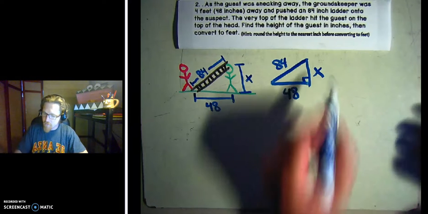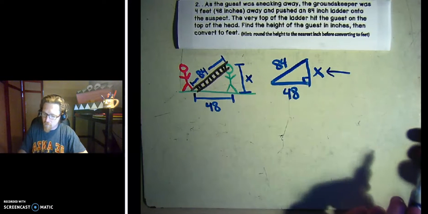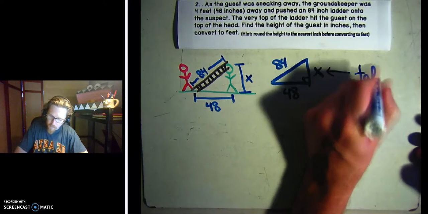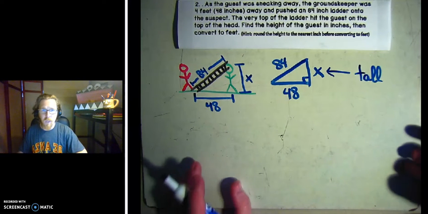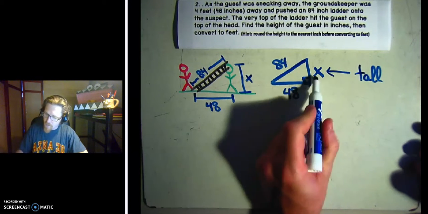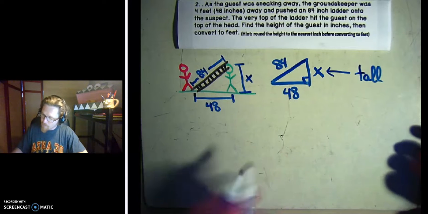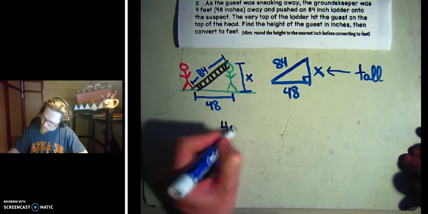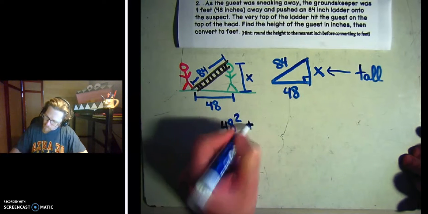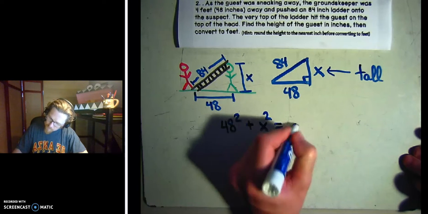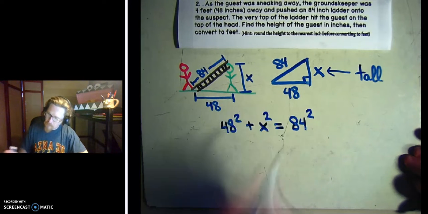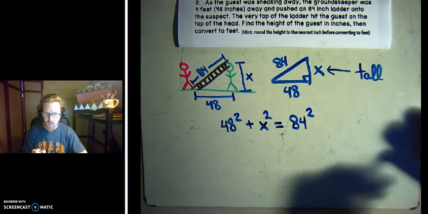We can use the Pythagorean theorem to find out how tall our guest is. So let's set up the Pythagorean theorem. Because this is a leg and this is a leg and this is a hypotenuse, we're going to have the leg squared, so 48 squared, plus the leg squared, that's the unknown length, equals the hypotenuse squared, 84. So we set up our Pythagorean theorem.